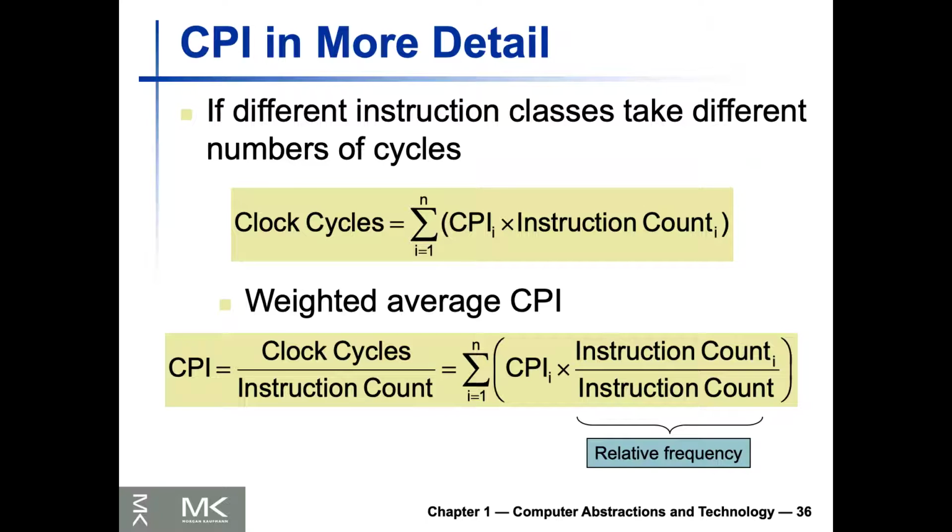So what if we want to have them in more fine grain, right? In this case, we have to sum them up and weight them by their own CPI. So each instruction count I has its own CPI I. And then in order to find the overall clock cycles, we need to just sum them up from I to N and weight them with their own CPI. And at the end, when we want to calculate the final CPI, it's going to be the weighted average CPI. Is it clear? Okay.